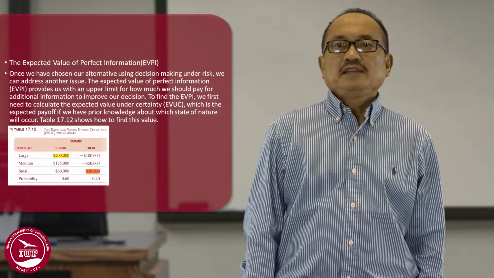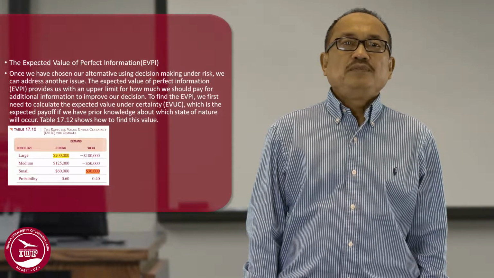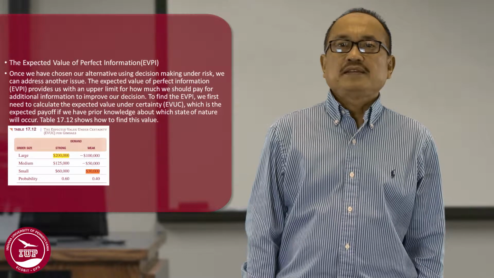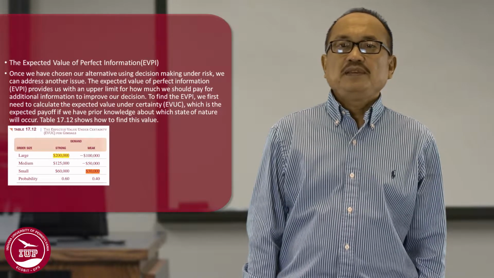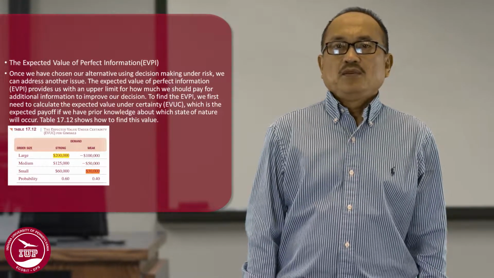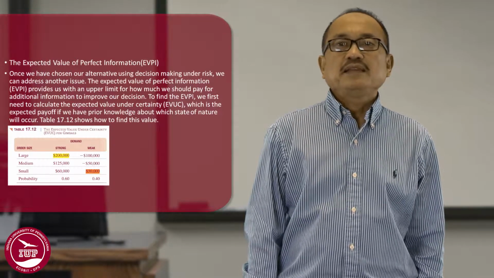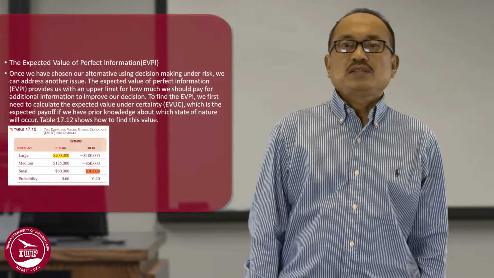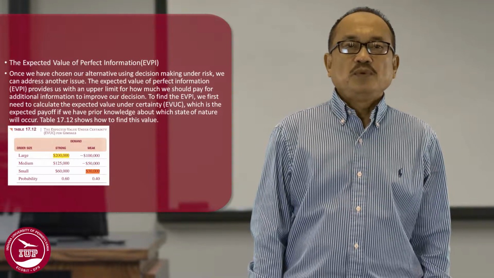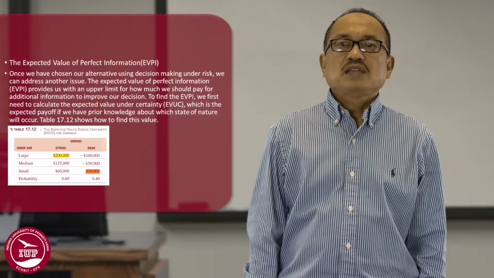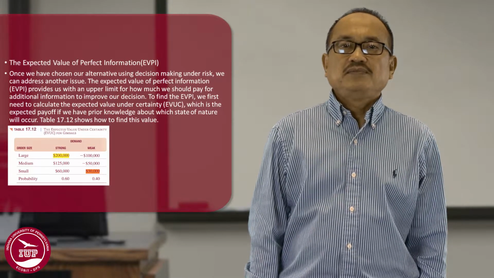To find the EVPI, we first need to calculate the expected value under certainty, or EVUC, which is the expected payoff if we have prior knowledge about which state of nature will occur. Table 17.12 shows how to find this value.